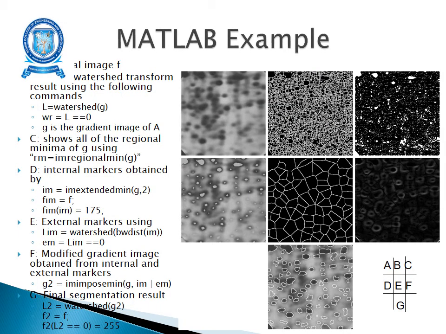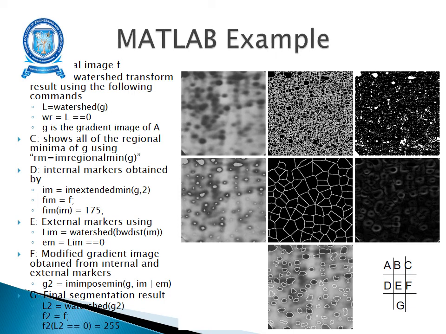So these are a few examples in MATLAB. You can see the image of the watershed transform resulting from the following commands: L is equal to watershed of G. These are simple MATLAB programs that can be used for calculating the internal marker as well as the external marker.